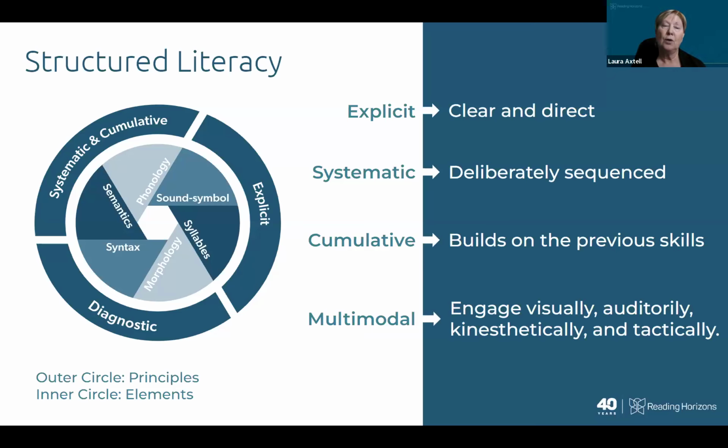So that all of our reading instruction now is based on the science. We know what can be super effective in terms of supporting students as developing students, emerging readers, and English language learners, et cetera. The inner circle are the components of structured literacy. Starts with phonology, sound symbol correspondence, et cetera.